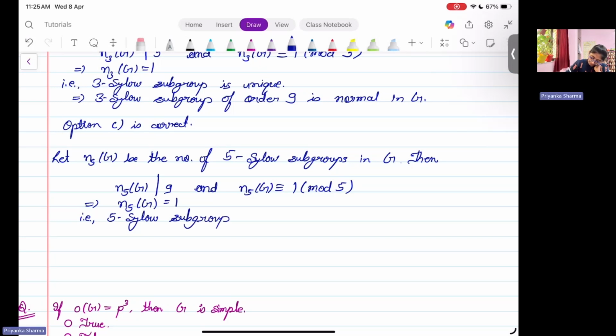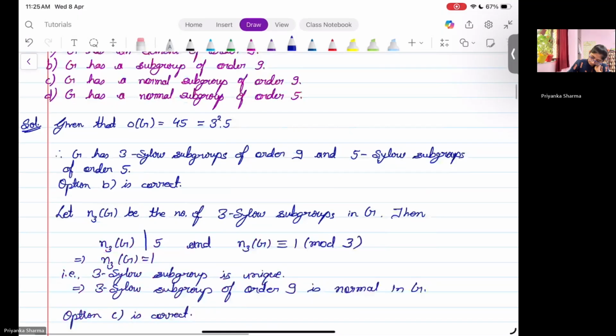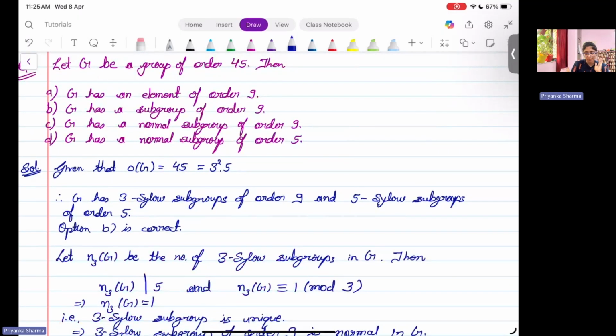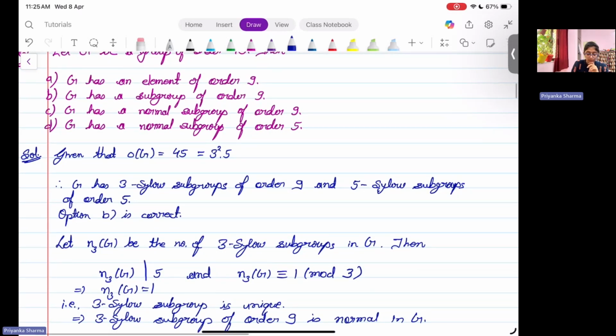The 5-Sylow subgroup is unique, and this is normal also. So we can say that option D is also correct. It says that G has a normal subgroup of order 5, and in fact, G has a unique normal subgroup of order 5.